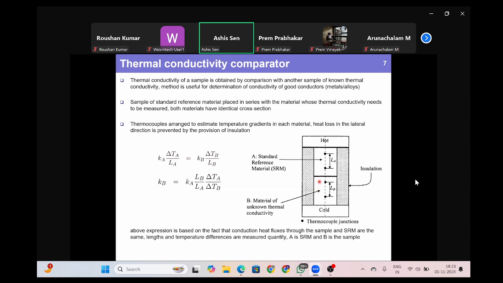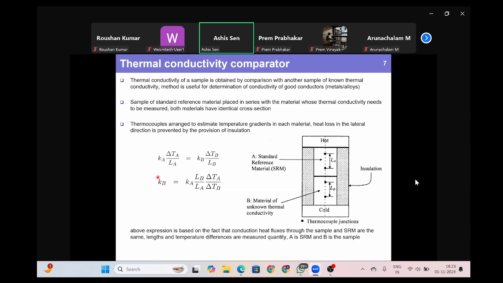Then you apply the 1D Fourier law of heat conduction, which says that thermal conductivity in material A times the temperature gradient in material A, that is the temperature difference between these 2 points divided by the distance between the points, will be equal to that in material B, because whatever heat comes through material A, the same heat leaves through material B to the cold end from the hot end, since all around it is insulated.